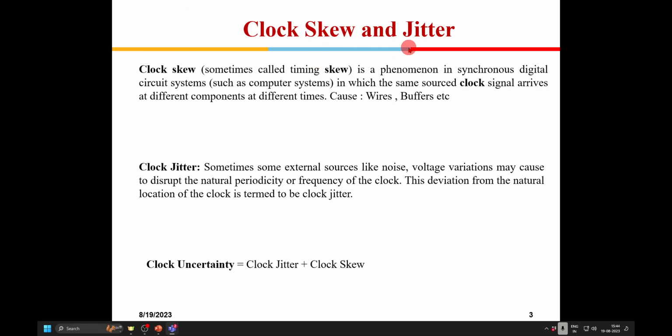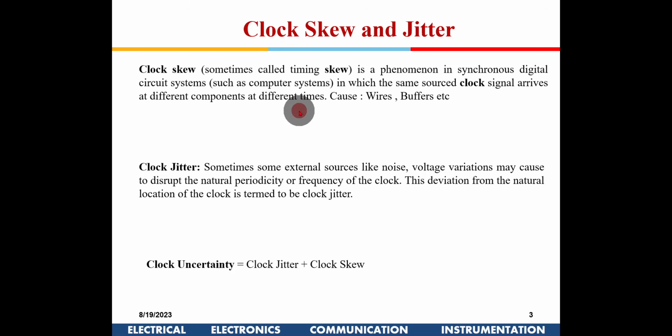Now, what's clock skew and clock jitter? Clock skew is sometimes known as timing skew. This happens because the clocks reach different flip-flops at different times. The reasons could be wires and buffers. Between two flip-flops, the wire length could be different from the source of the clock.